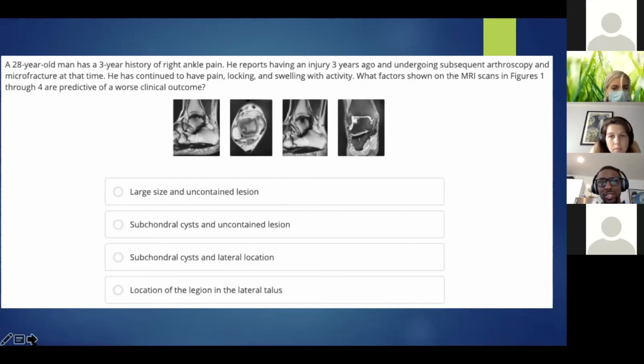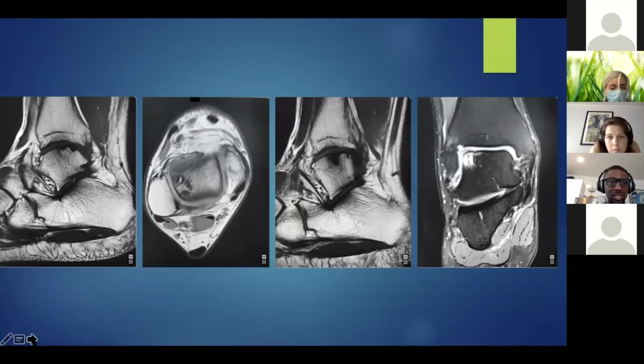All right, so here they are. So it looks like there's a large osteochondral defect on the talar dome. And it's kind of in the center of the lateral, and then on the lateral side of the coronal view.